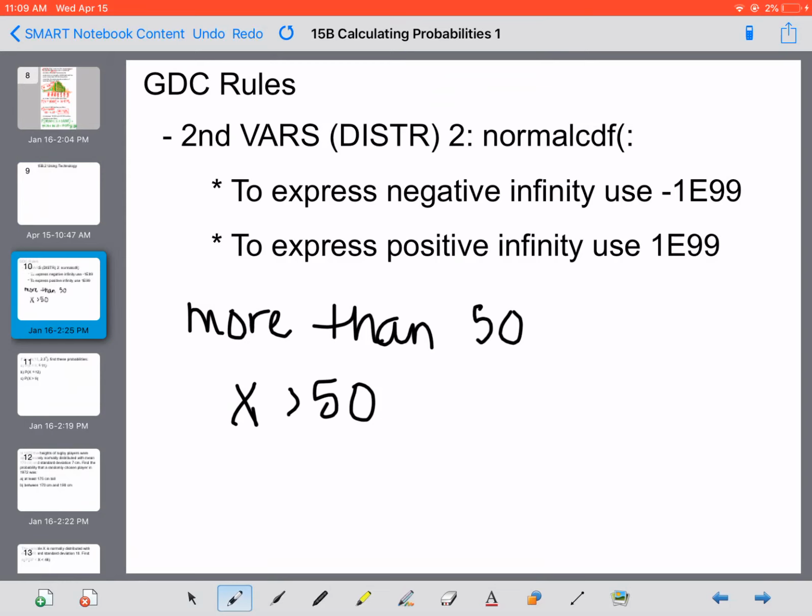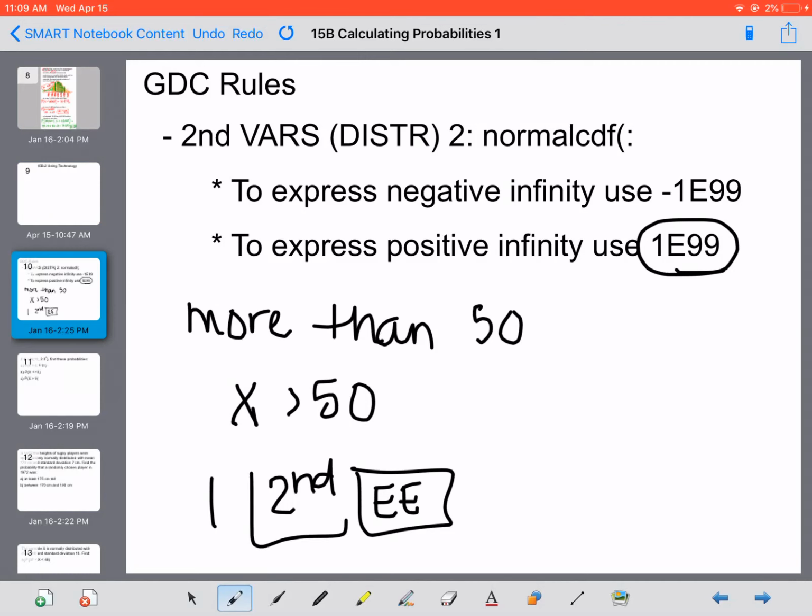And so that's when we're going to have to use 1E99. And to type that E, you're going to hit 1, and then you're going to have to go second, and then it's the EE, which is above 7, I believe, on the calculator. And then you hit 99. And that's going to be how you type that into your calculator.